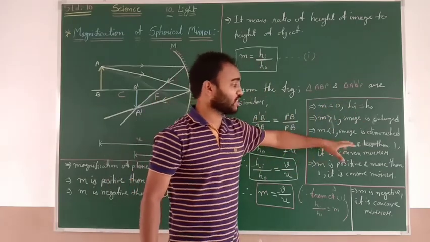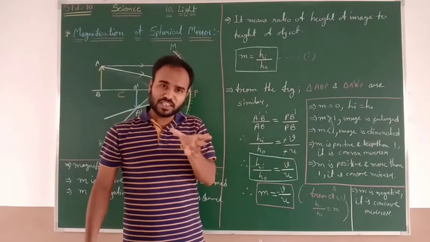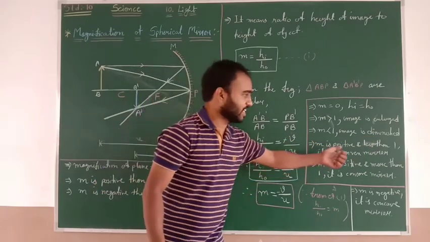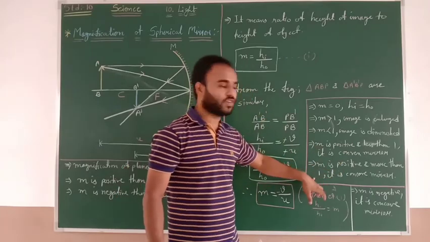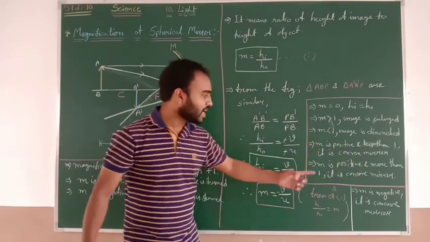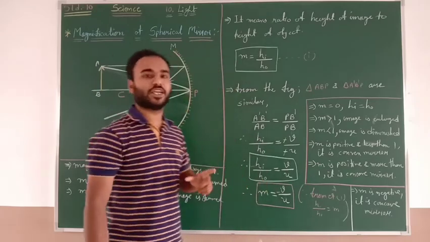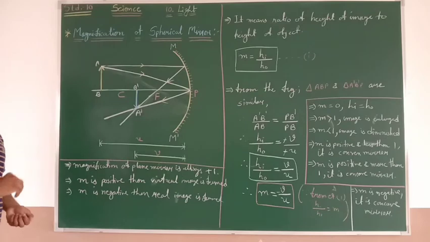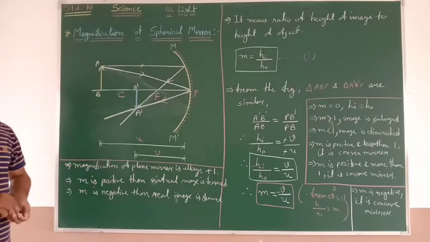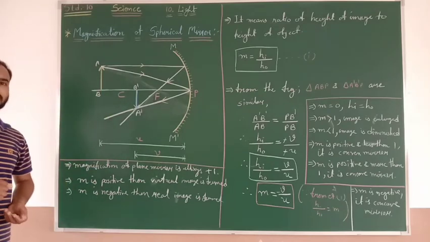When magnification is positive and between 0 and 1, it is a convex mirror. When magnification is positive and more than 1, it is a concave mirror, and when magnification is negative, it is also a concave mirror. So for the particular topic, magnification of spherical mirror, this much is enough.